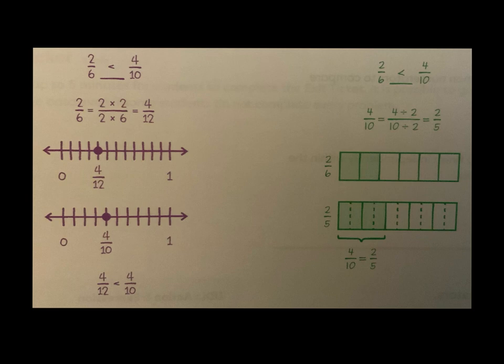So you could see that 4/12 is less than 4/10 by using the number line and breaking it up and using those benchmarks and finding the common numerator and denominator. We also used on the other side, the right side, where it's green, division to help us fit 4/10 and break that up to show 2/5 and then compare it to 2/6.